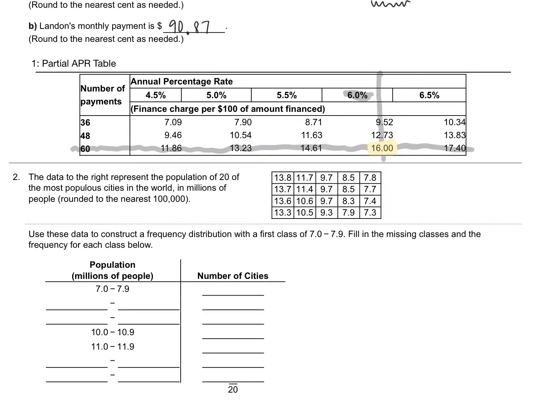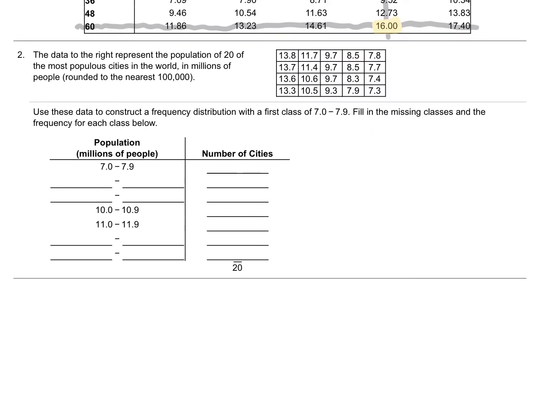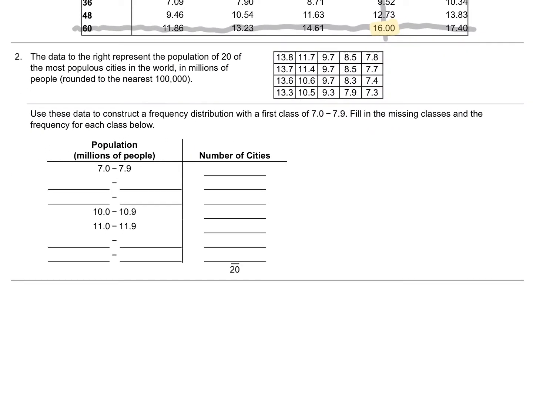All right, number 2. The data to the right represent the population of 20 of the most populous cities in the world, in millions of people, rounded to the nearest 100,000. Use these data to construct a frequency distribution with a first class of 7 to 7.9.